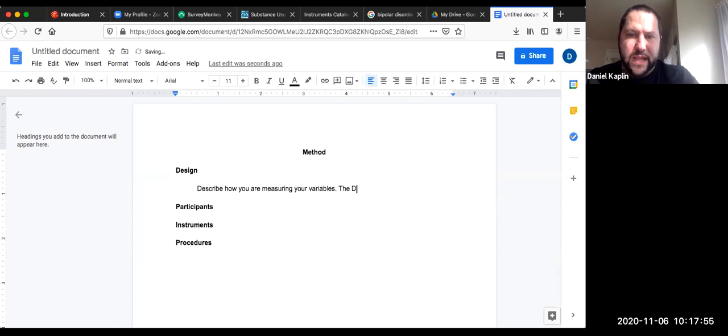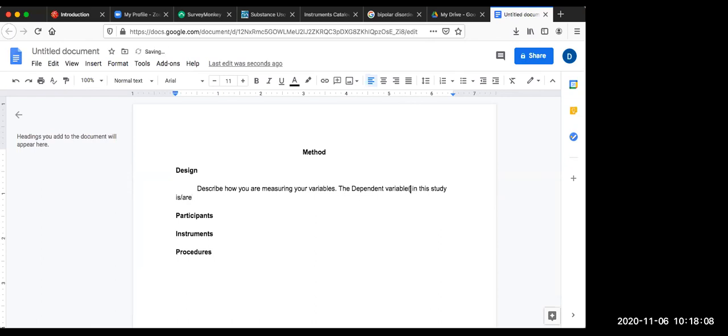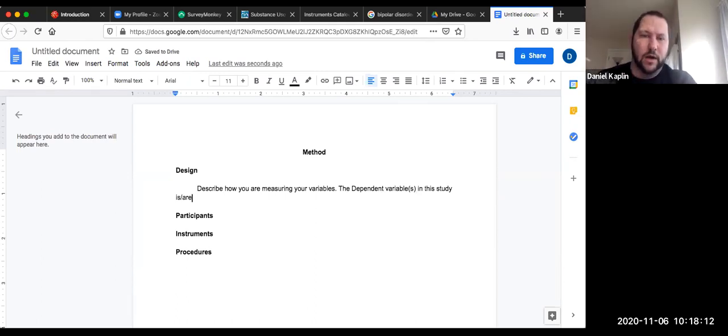the dependent variable in this study is or are, and I should put in the dependent variable or variables in the study are sleep patterns.